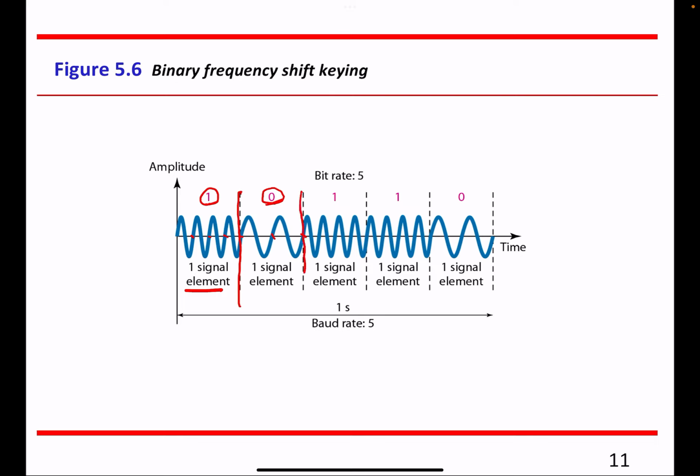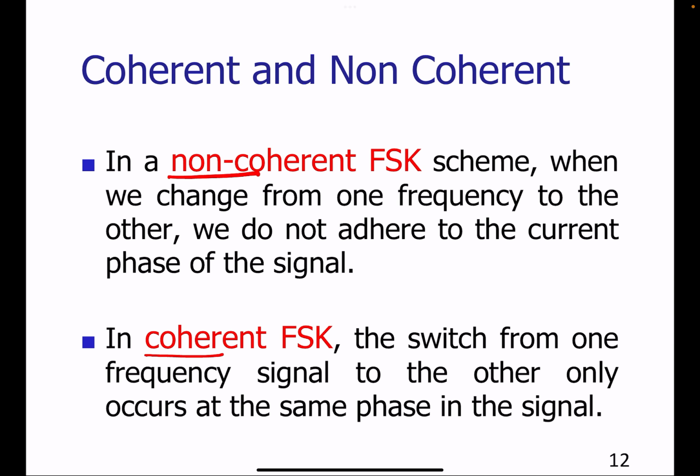And this is another signal element. So when we are shifting from one signal element to another, the phase of these two signal elements has continuity, right? We end this signal element here and start the second signal element right from there. So there is continuity in it. This kind of frequency shift keying is known as coherent frequency shift keying.